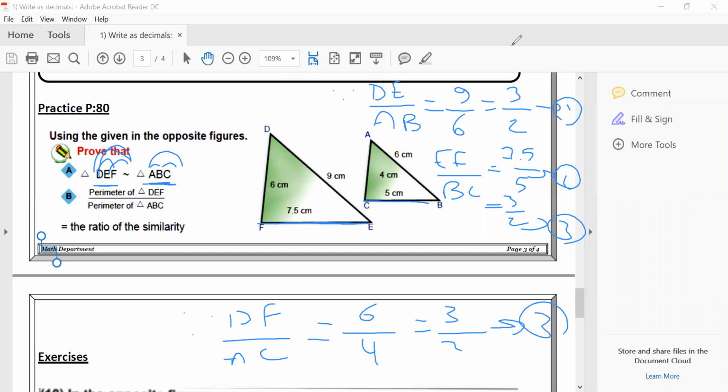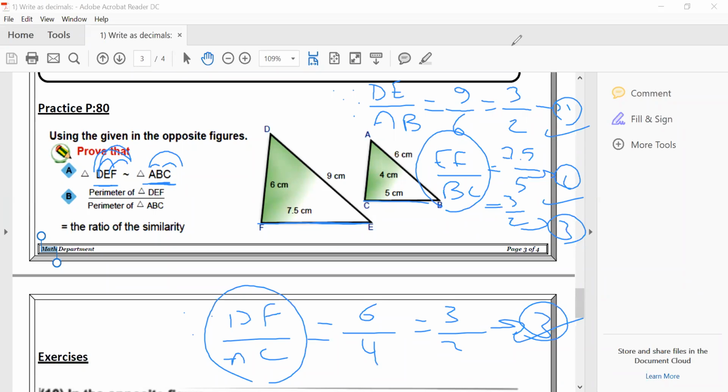This is number 3. From 1, 2, and 3, therefore DE over AB equals EF over BC equals DF over AC. Therefore triangle DEF is similar to triangle ABC.